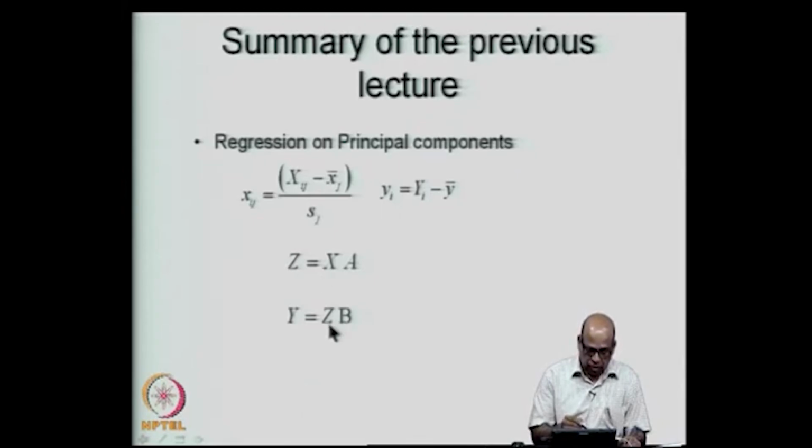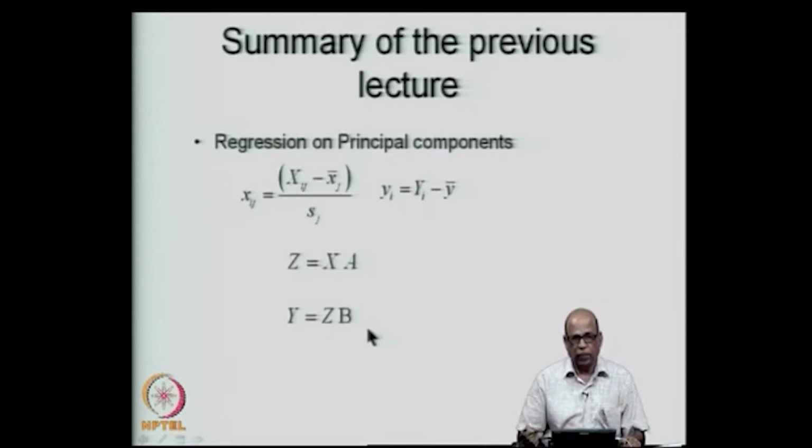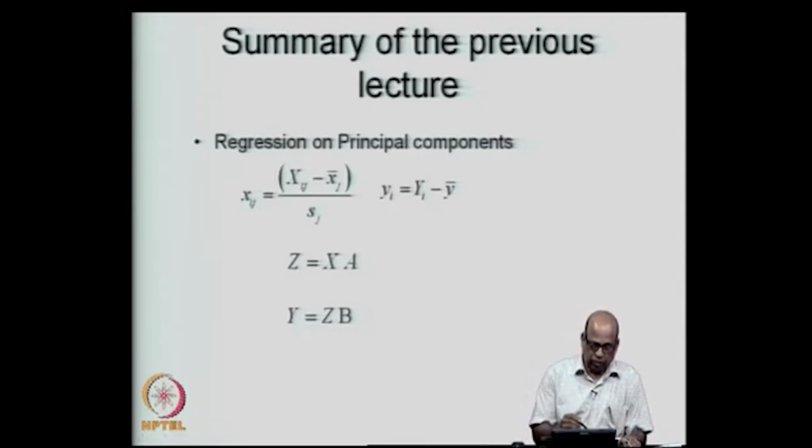This is n by p and this is p by 1. You have b as a vector of parameters beta 1, beta 2, etcetera, beta p. There are p terms. So, this is n by p, this is p by 1 and that is how you get y as n by 1. This is how we regress.